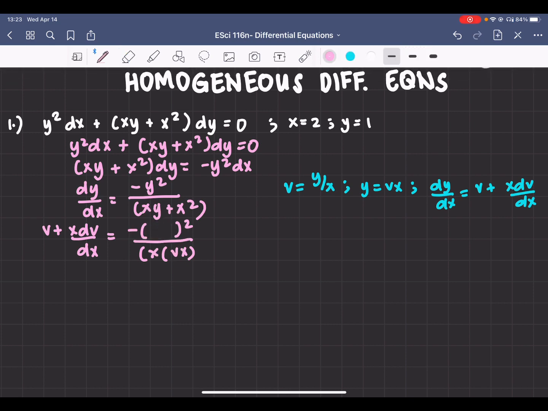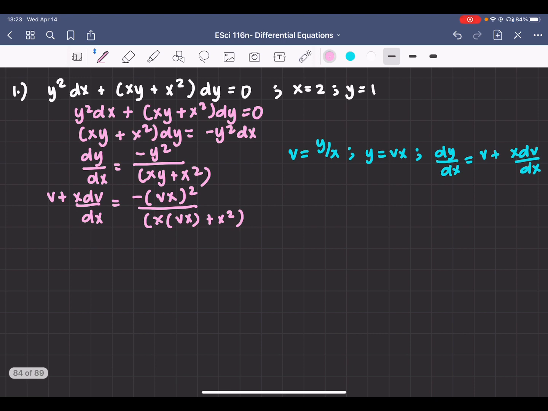This is vx because we are substituting the value of y. Now moving on, that's plus x squared. So we have v plus x dv over dx equal to negative v squared x squared, distributing the square. Then we have vx squared plus x squared.